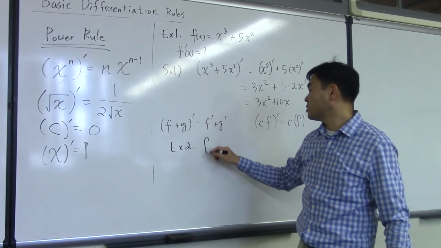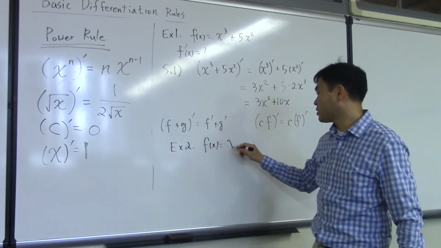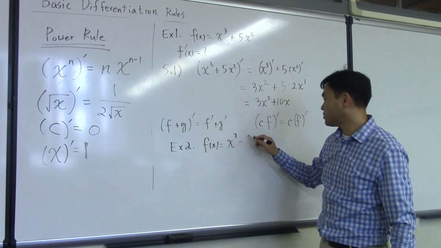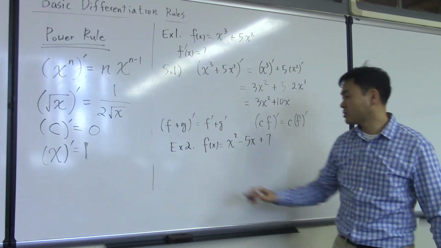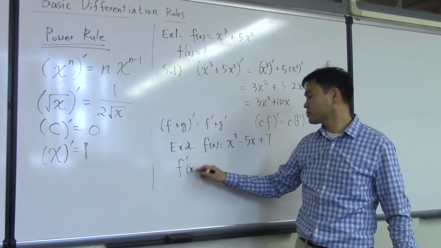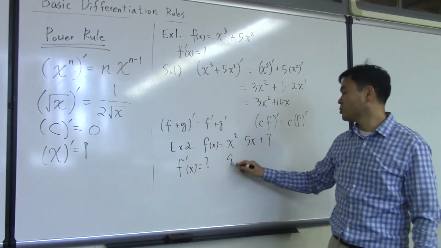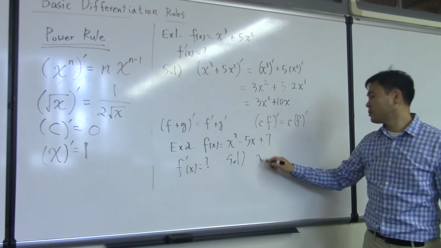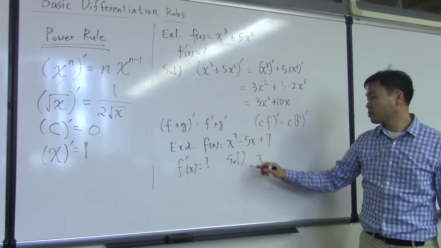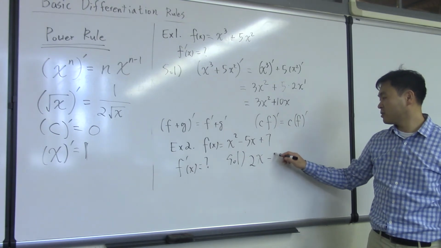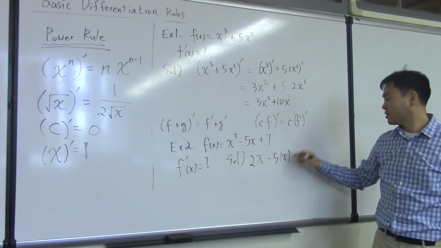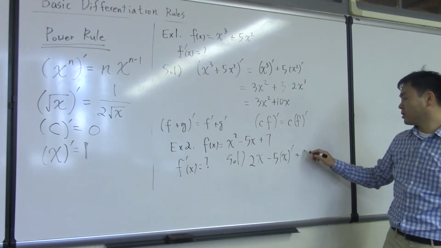Example 2, f(x) equals x squared minus 5x plus 7. What's f'? The solution is you differentiate x squared, and then you differentiate x, and then you differentiate 7.